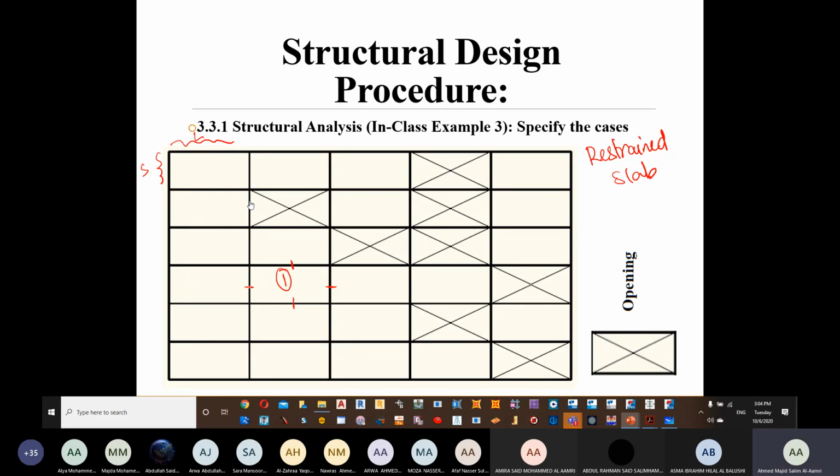Normally the best thing that I do with the students is just draw a line for the exterior. Here, I'll just draw a line wherever there is no slab. So no slabs are here. This is the outside portion of the building.